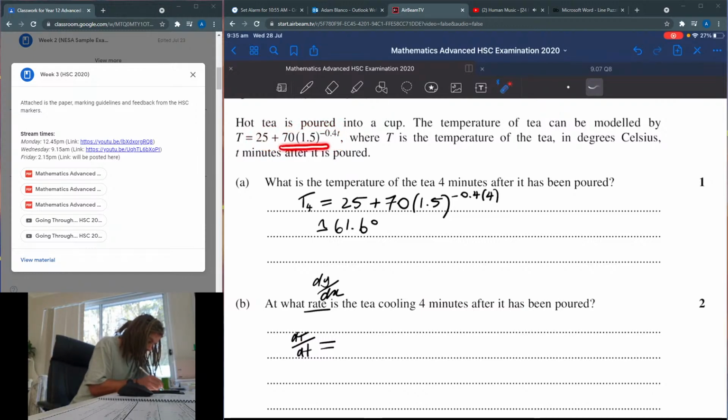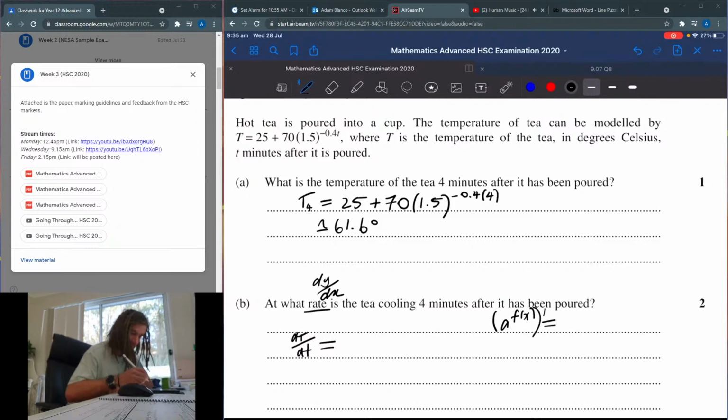Now when you've got this, it's kind of the same as having a to the power of a function. When I differentiate that, it's ln A times the derivative, and then you leave the rest of it.